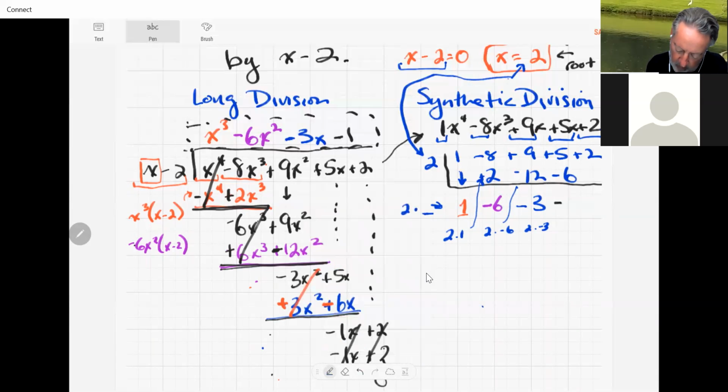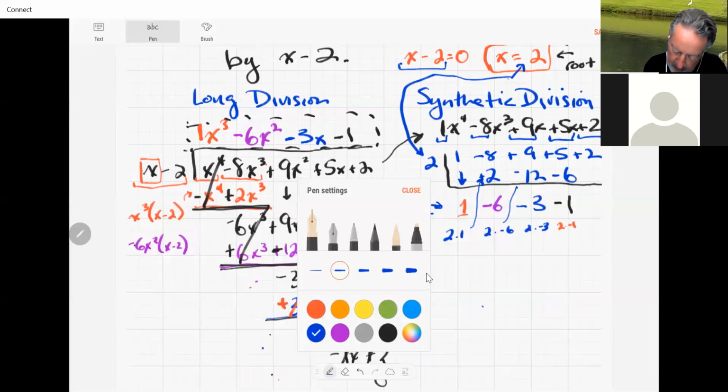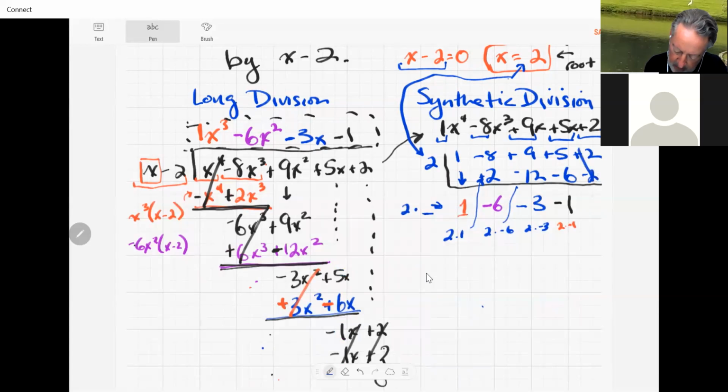Notice that on the top of our long division, all of those coefficients are the same: 1, negative 6, negative 3, and negative 1. Now I do 2 times negative 1, and that gives me a negative 2, and that means this is a 0, which was the same thing that happened down here.